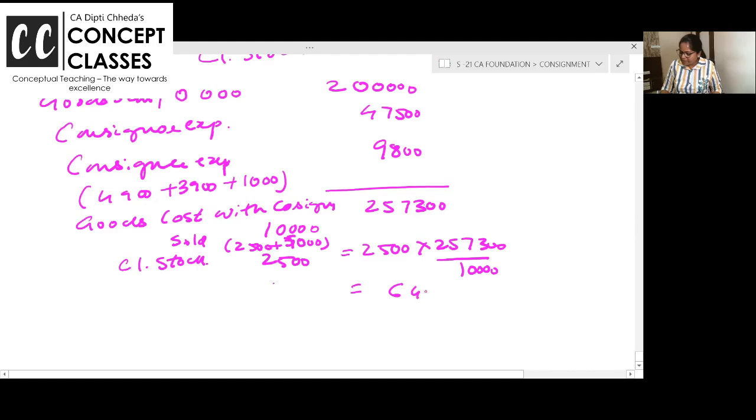Closing stock is coming 64,325. 10,000 units का cost 2 lakh. 47,500 is consignor's expense. Consignee's expense is 9,800. Goods are lost is total given to you. 10,000 goods का cost इतना है. 2,500 का कितना? I would have deducted goods lost in transit, goods still in transit, but it's not there. Isn't it very easy?